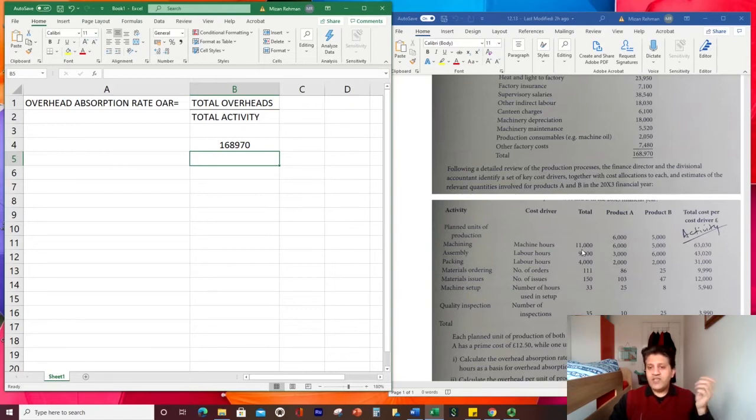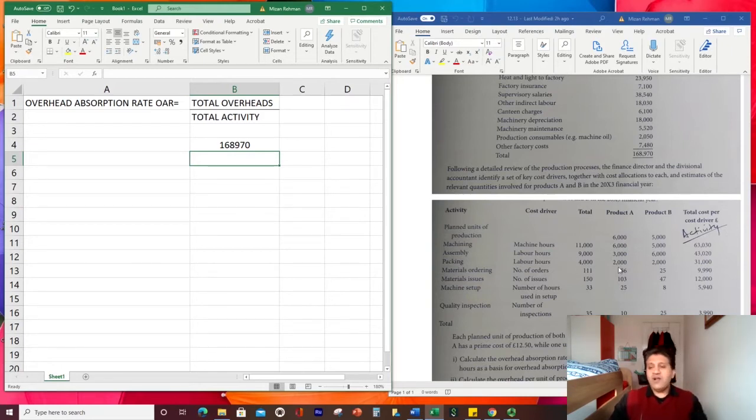If the question says the labor overhead should be absorbed on the basis of labor hours in assembly, then we'll be using 9,000 and 3,000. And if the question says that the overhead should be absorbed on the basis of labor hours in the packing department, then we'll be using 4,000 and 2,000.